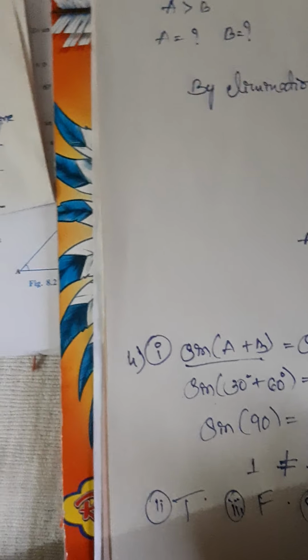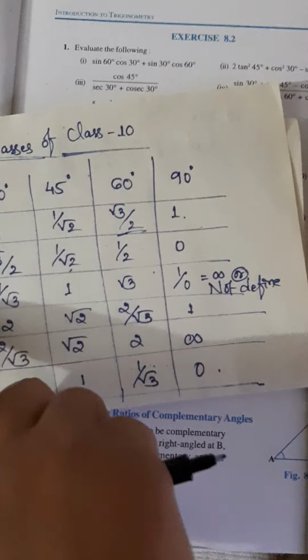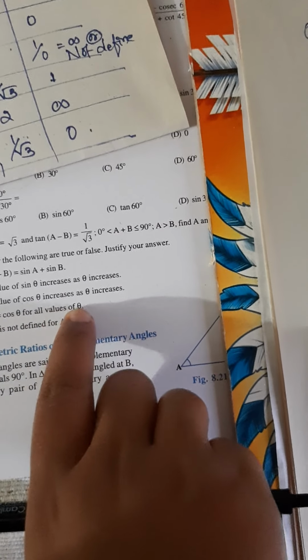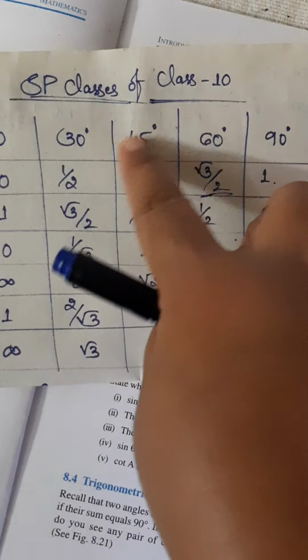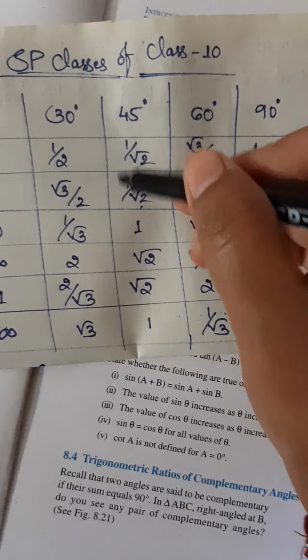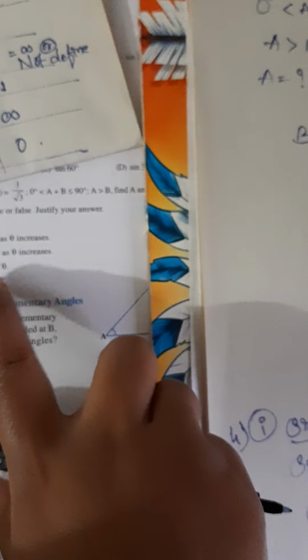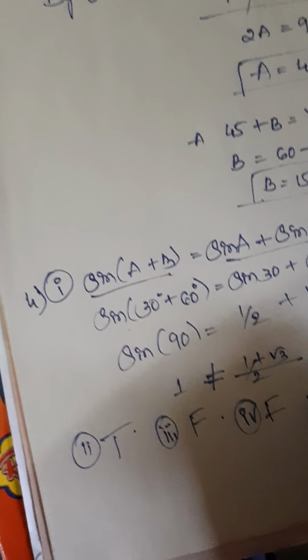Now let's see our fourth one. Sin theta is equal to cos theta for all values of theta. Sin theta is equal to cos theta only at 45 degrees. For the remaining values they are interchanging. So for all values it is false. So our fourth one is also false.